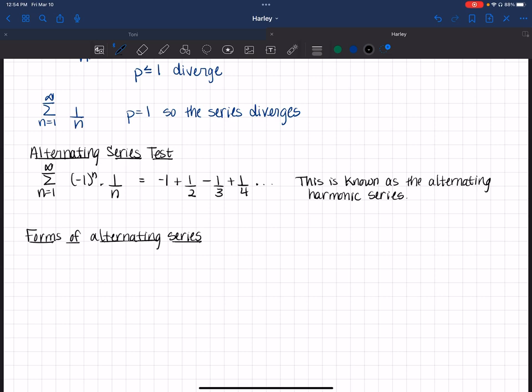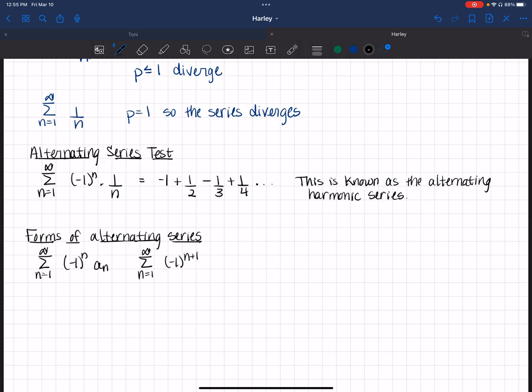Usually the form of the alternating series is going to look something like the summation of n equals 1 to infinity of -1 to the nth times some sequence a sub n. And it could also look like the summation of n equals 1 to infinity of -1 to the n plus 1 times a sub n.